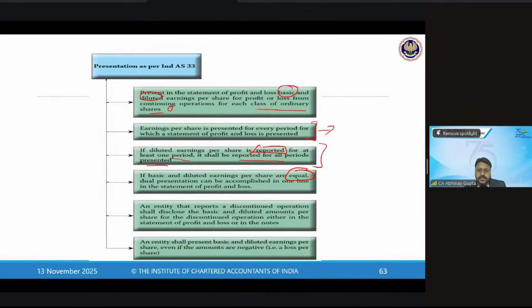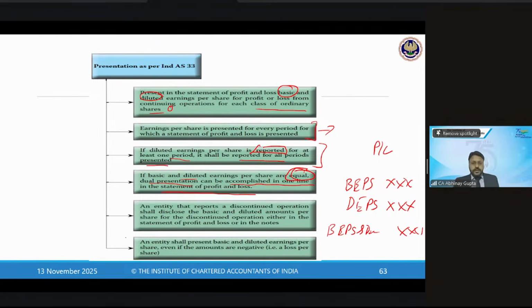Then the standard says instead of presenting basic earning per share and diluted earning per share separately on the face of the P&L, we can do basic and diluted earning per share like this in a single line item, right? So the standard says if the basic and diluted earning per share are equal, dual presentation can be accomplished in one line item in the statement of the P&L. Clear?